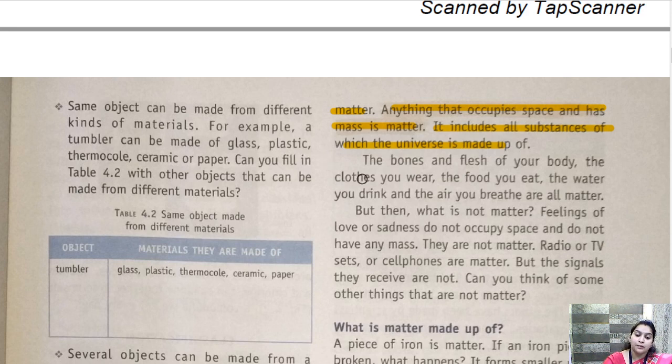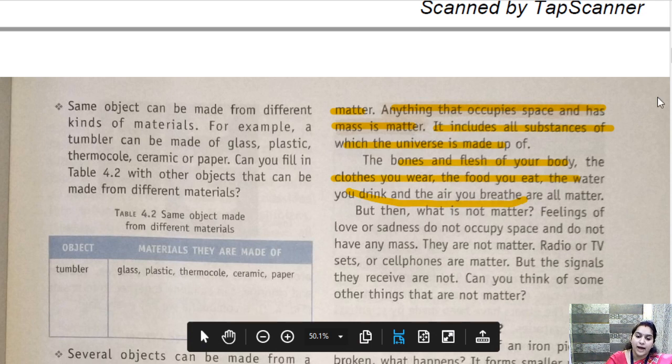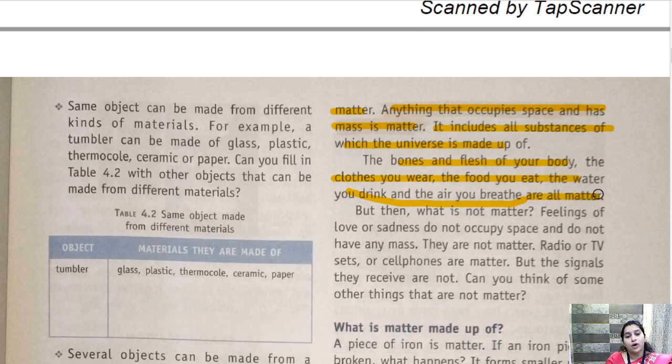Okay, the bone and flesh of your body, the clothes you wear, the food you eat, the water you drink, the air you breathe, all are matter. All the things are matter. Our body, the food that we eat, the clothes that we wear, everything is matter.